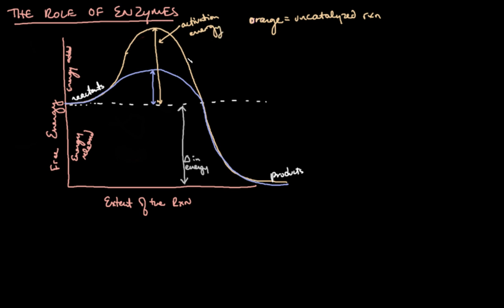But an enzyme, because of its chemical properties and its ability to bring a substrate and enzyme together, requires far less activation energy. So what we have here in blue is the catalyzed reaction. Okay?